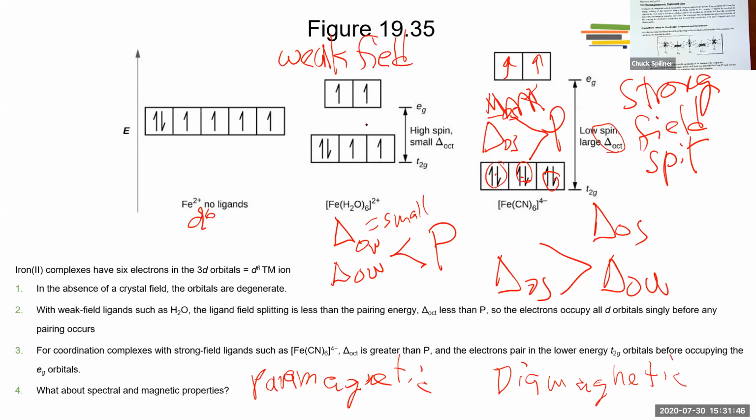If the delta is low energy, that means low energy light can be absorbed, because an electron goes from a lower energy orbital into an upper energy orbital with the absorption of light. So when that delta is equal to the energy of the light, the electron will be promoted. One electron will absorb that light and go up to a higher energy orbital.